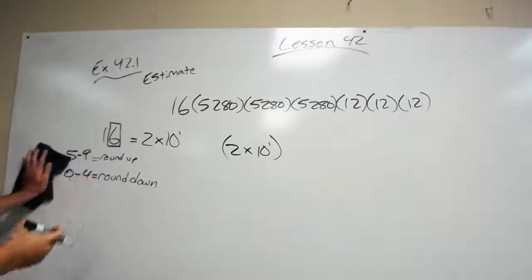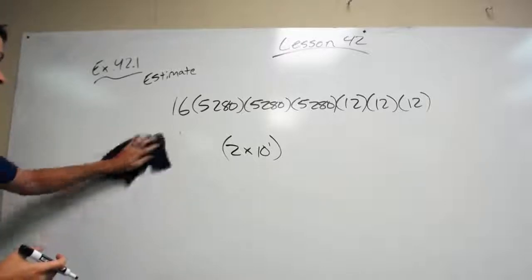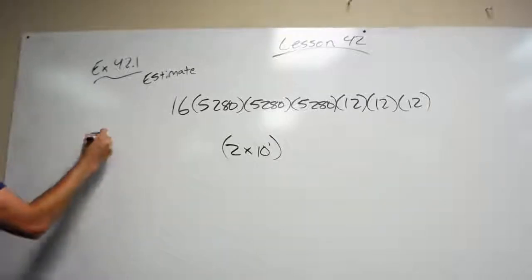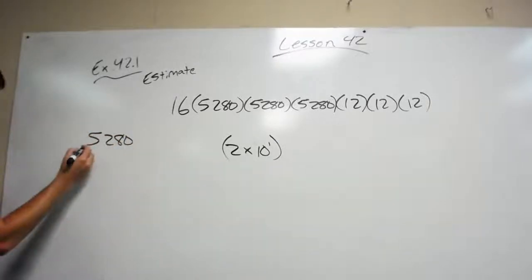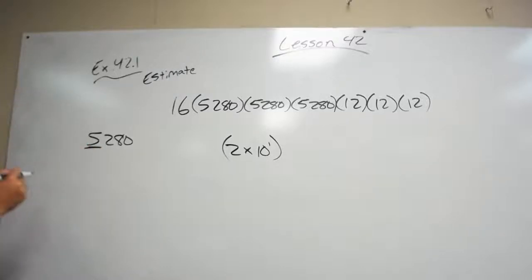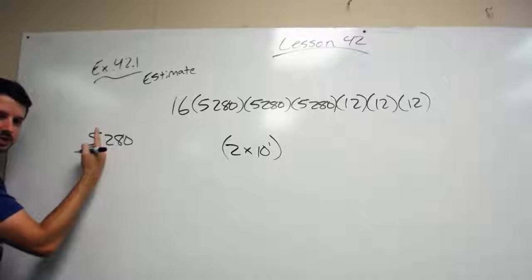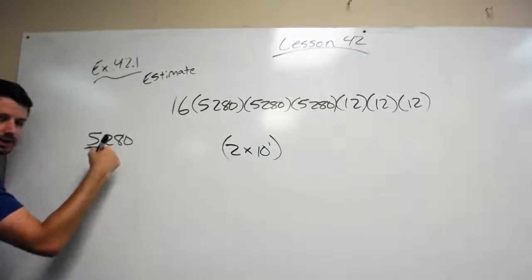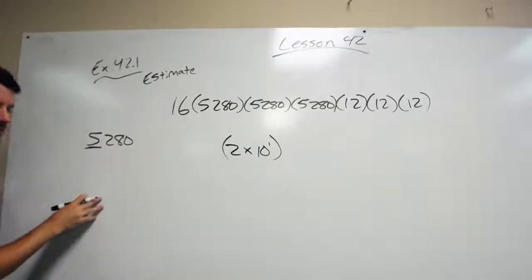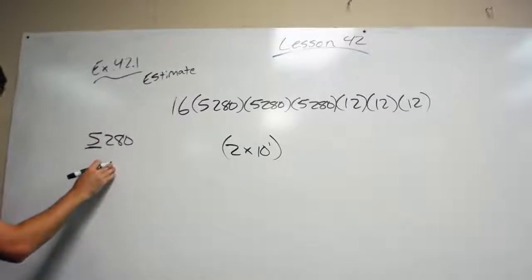So let's look at the next one, 5,280. We look at the ones place, and then we look at the number after. Would this round up to 6,000, or would it stay down at 5,000? Well, 280 clearly would round to 5,000.